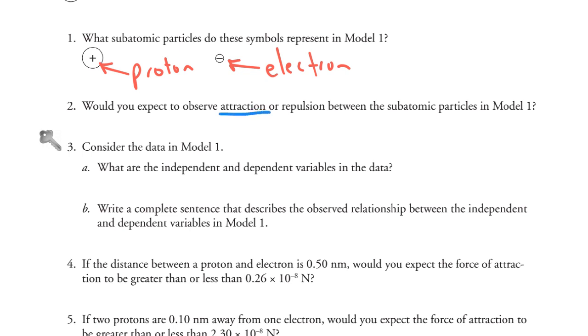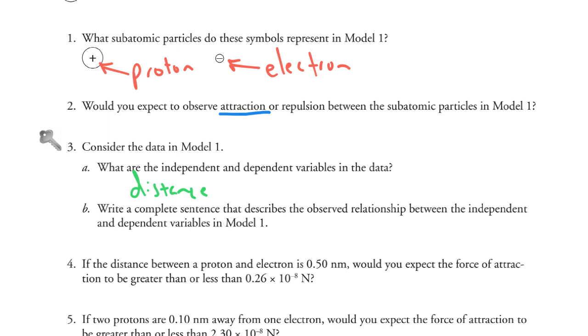Opposite charges attract. What are the independent and dependent variables? What's actually changing is the distance, the distance between our positive and our negative particles. And then write a sentence that describes the observed relationship between the independent and dependent variables.